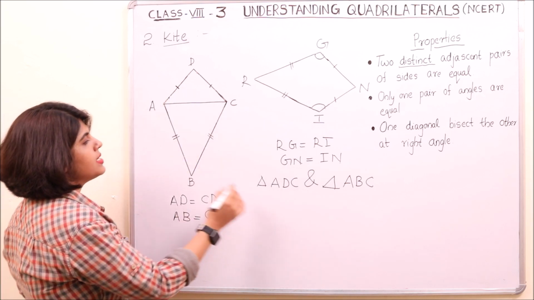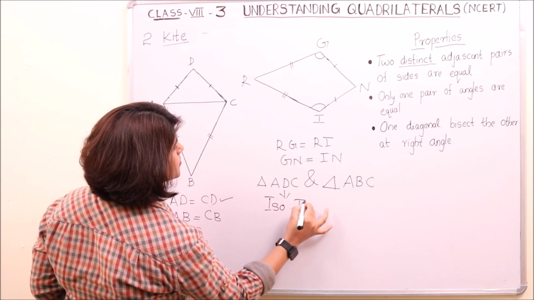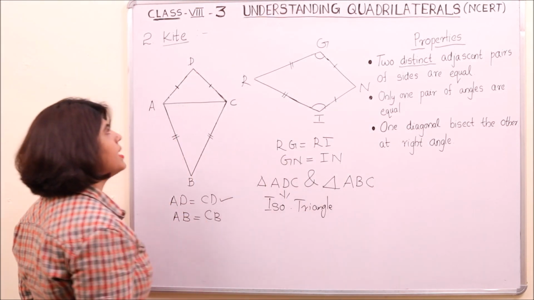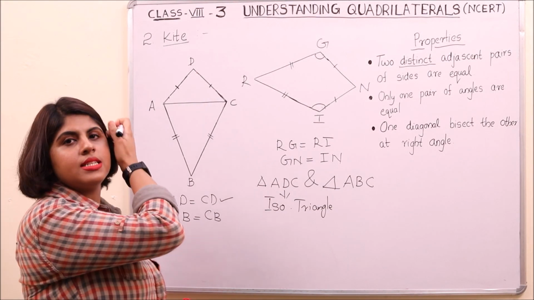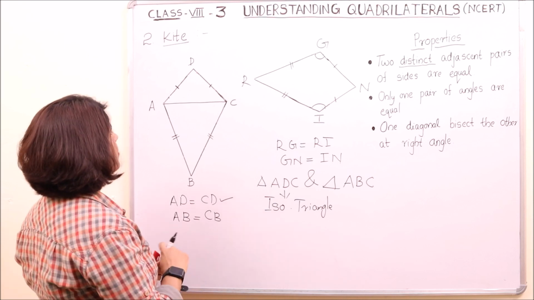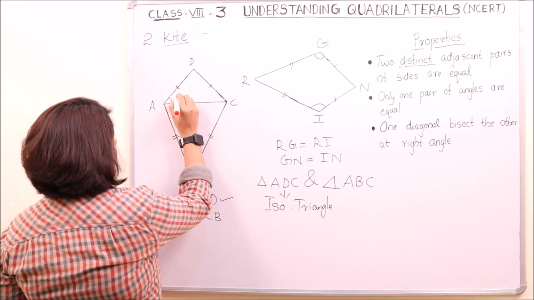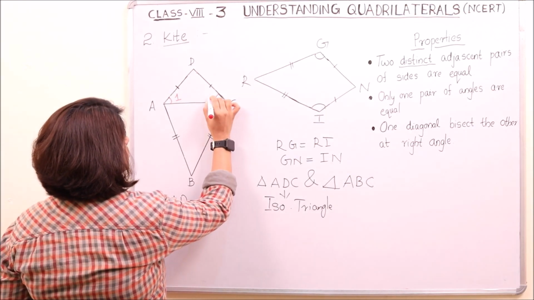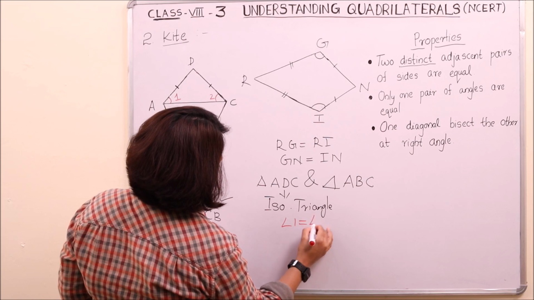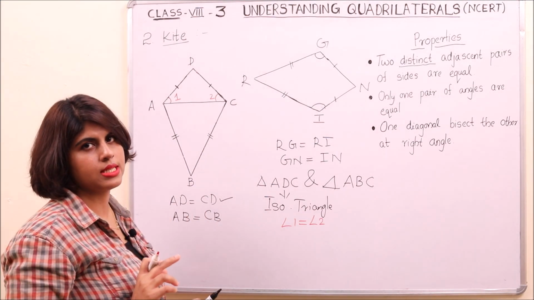So we can say in an isosceles triangle the base angles are equal, right? If we are considering the base angles of this triangle as angle 1 and angle 2, then we can say angle 1 equal to angle 2 using the properties of isosceles triangle.